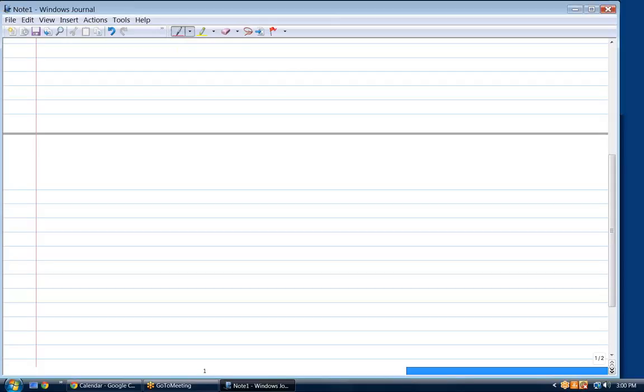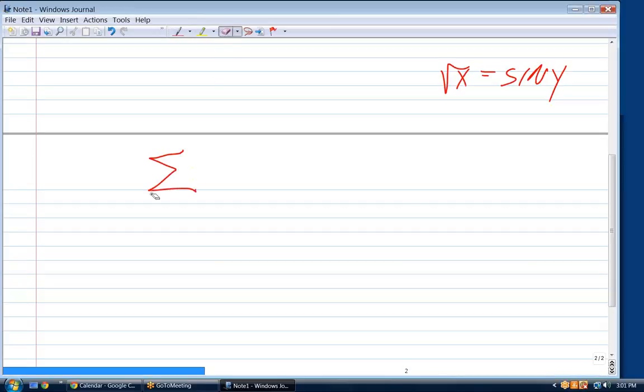If I have, see, I have some questions here. All right, so can you explain? If the substitution square root of x equals sine of y is made in the integrand of the integral from 0 to 1/2 of square root of x over square root of 1 minus x dx.